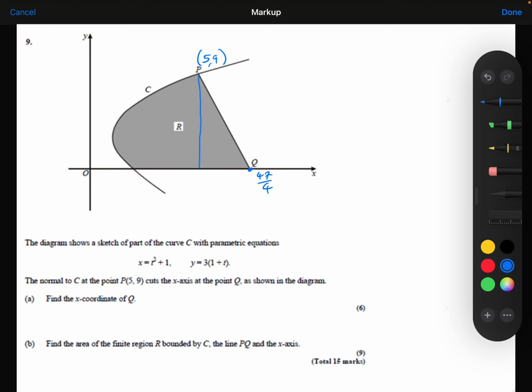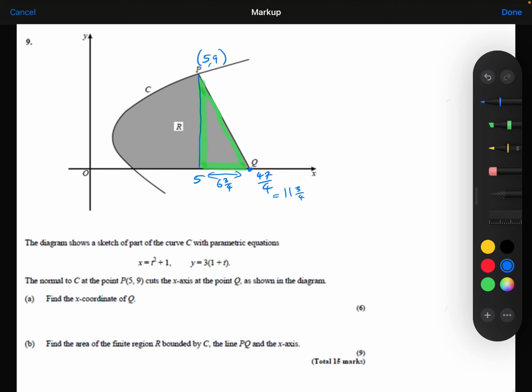So for this triangle, let's do this triangle first actually, because that's going to be nice and easy. The x-coordinate here is 5. So the base of the triangle will be 47 over 4, that's the same thing as 11 3/4, take away 5. So the base of this triangle is 6 3/4.